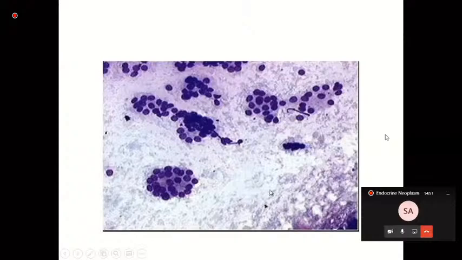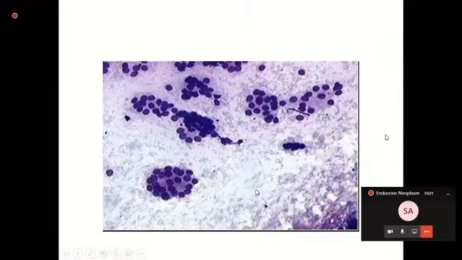Do you see here what we call colloid? The background is devoid of colloid. This means there is no colloid, but some cells are arranged like a follicle. In this case, it's not normal. Because it looks like a follicle, we call it follicular what?